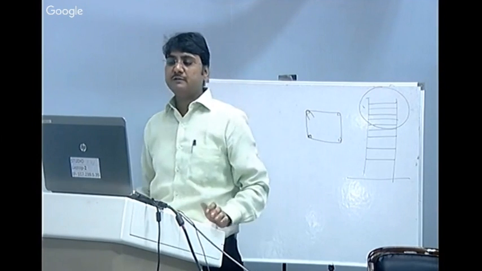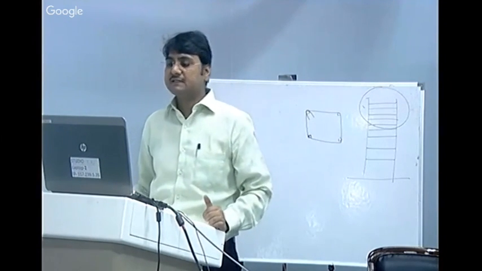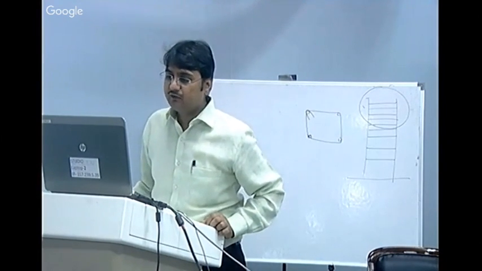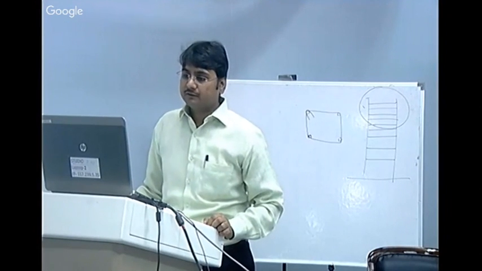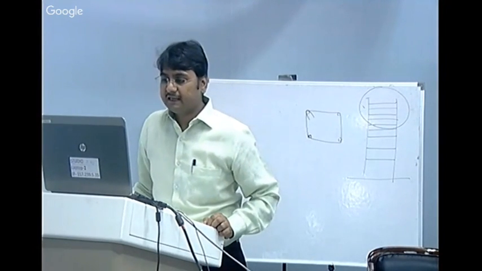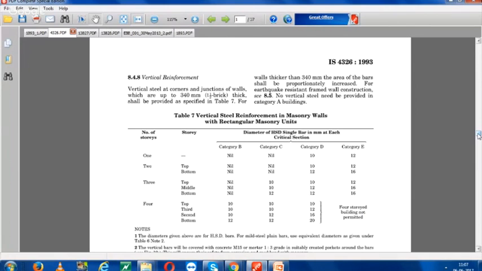Vertical steel reinforcement in masonry walls is given in table number 7 with rectangular masonry units. Here for E category, top bottom, top middle bottom, top third second bottom, top third second and bottom. So it is not necessary that you provide only 2 bars, as your building resides in zone 5 and needs to resist more lateral forces.